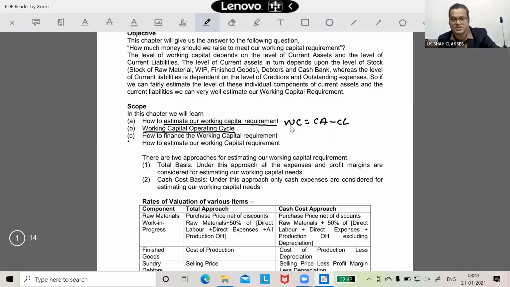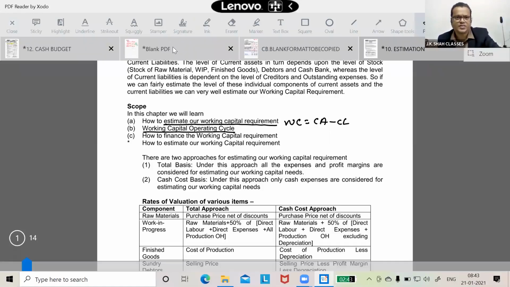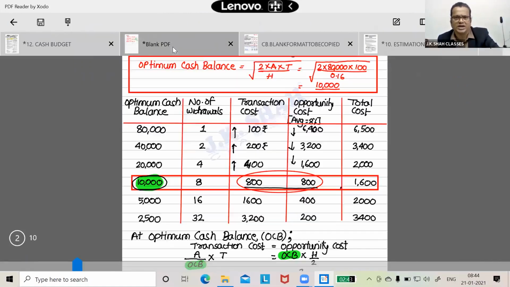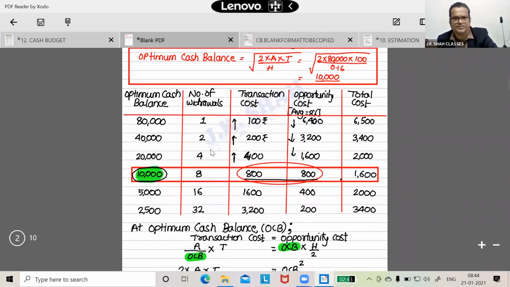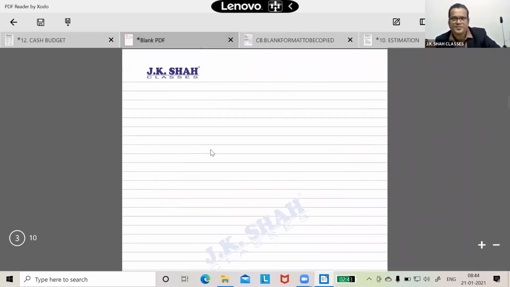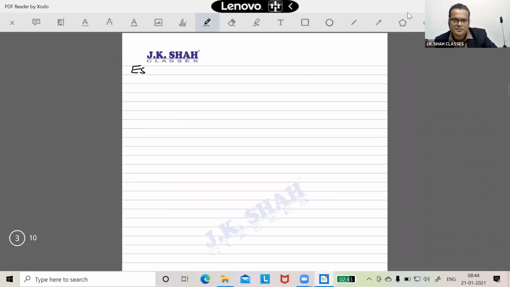Now, students, suppose from somewhere I tell you that step 1 is done. Let's say estimation of working capital is done and it comes to 5 lakh.